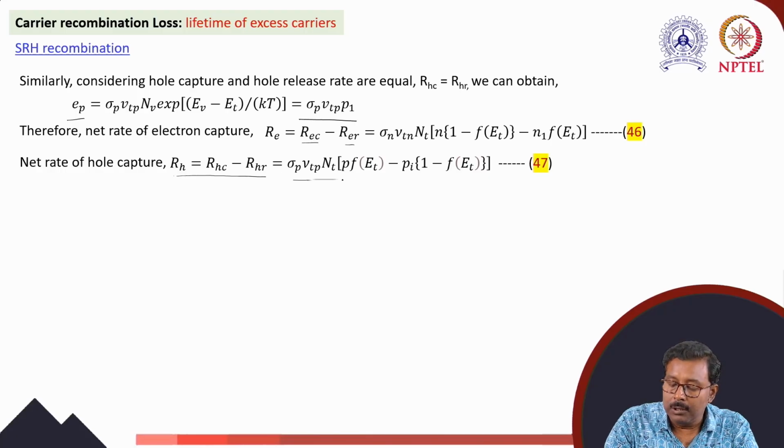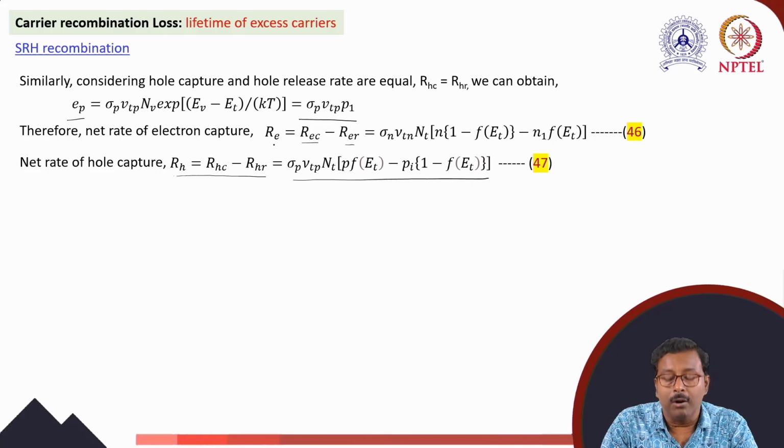This will also be this. So these two equations give you the net rate of electron capture in the trap state and the net rate of hole capture in the trap state.